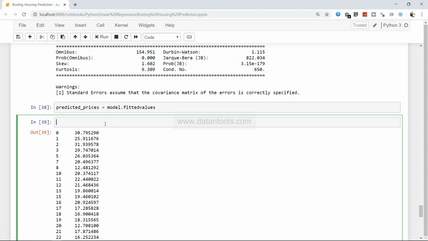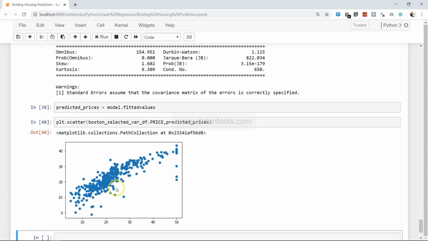Now we can display both the predicted prices and the actual prices. So plt.scatter, with Boston.price comma predicted prices, and it shows a good positive correlation.